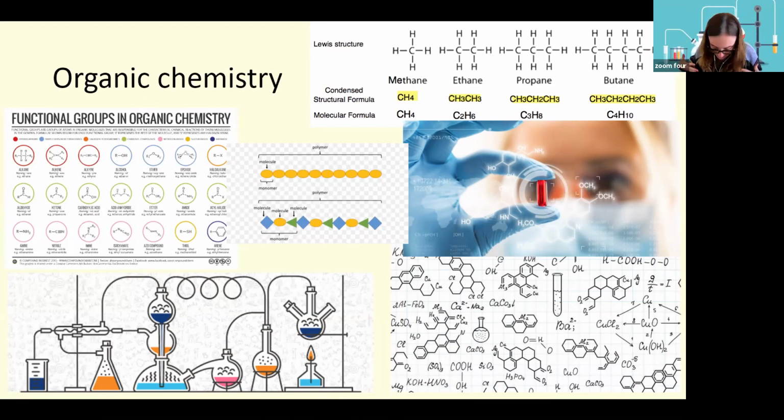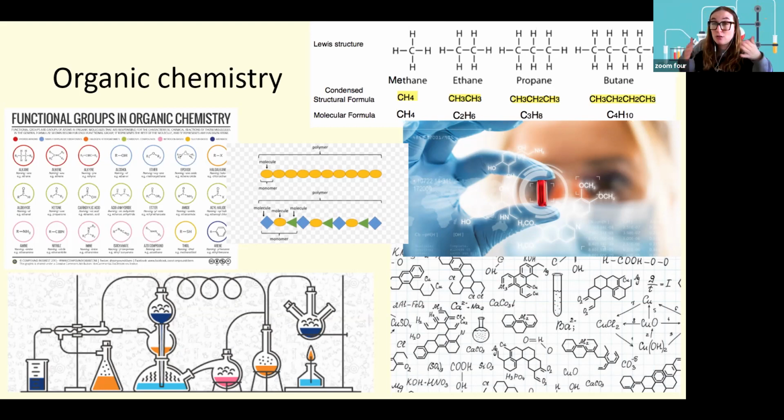I personally love it because I find it fascinating. Organic chemistry is how we can design and manufacture medicine. It's how we can make different plastics and different biodegradable plastics. It's how we have different alcohols and different fuels. So it's really, really important.